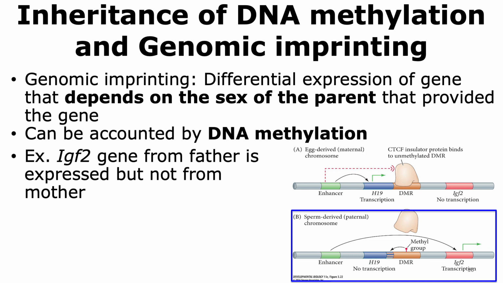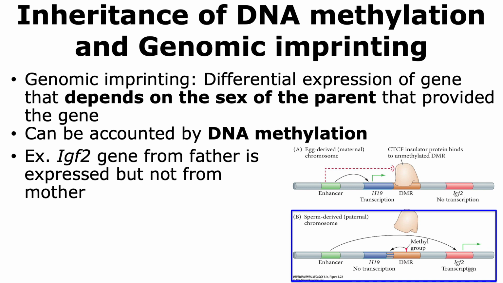However, when we look at the chromosome that is derived from the paternal parent, in this case, what we can see is that the sperm-derived chromosome from the father has a methyl group on the DMR region. The presence of these methyl groups, which are passed on from cell to cell during cell division, does not allow the binding of the insulator protein to the DMR sequence.